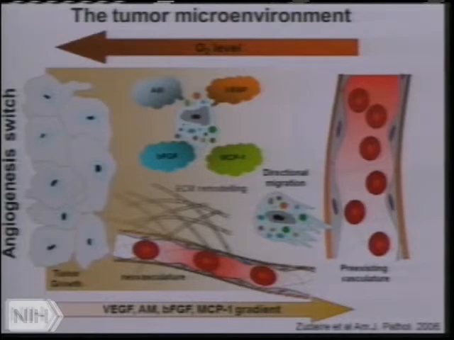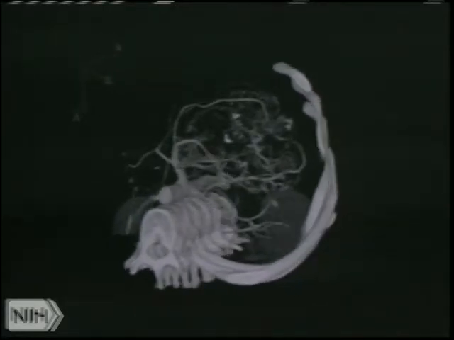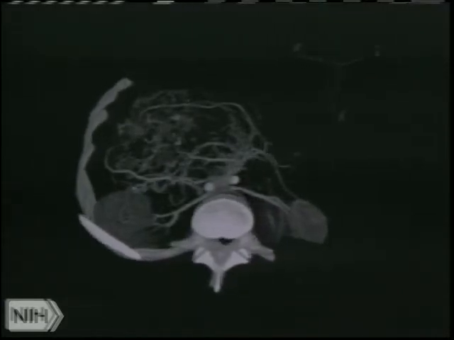These vessels that reach the tumor, these tumor vessels, are different than the normal vessels. This is, for instance, a case. I wanted to show this because it illustrates very well how the vasculature invades the tumor. This is a case of a 14-year-old with a large pheochromocytoma right here.